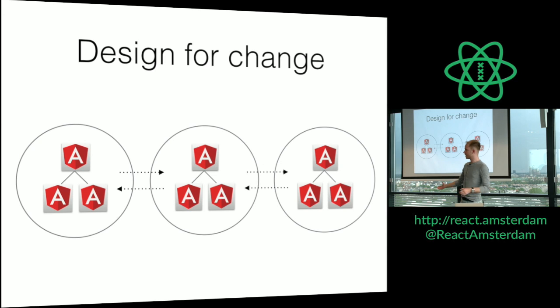One of the things I always yell at every company I've been at is we need to design for change. For example, Angular might be cool right now. You have lots of component trees with Angular, and then at some point, in some tiny area of your application, you might find out that Angular is not really that practical. You might want to try something else.